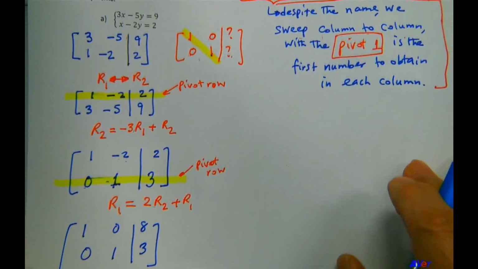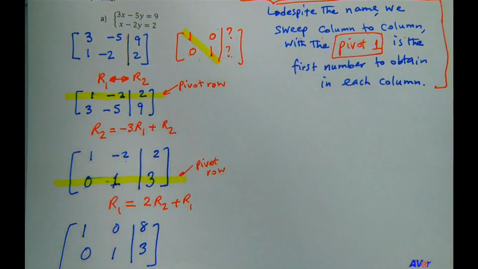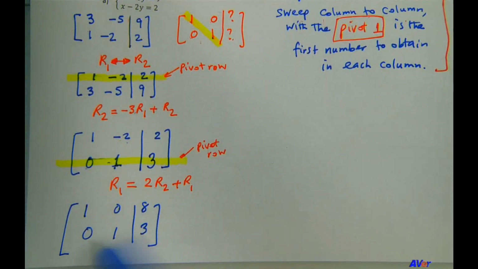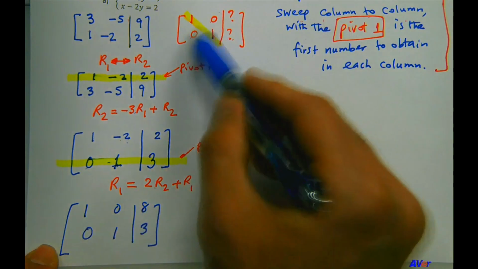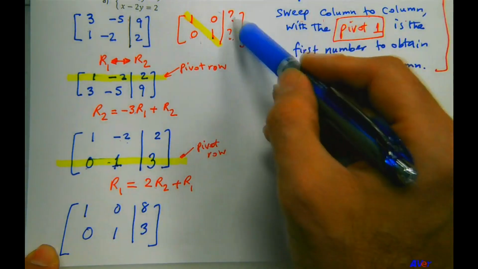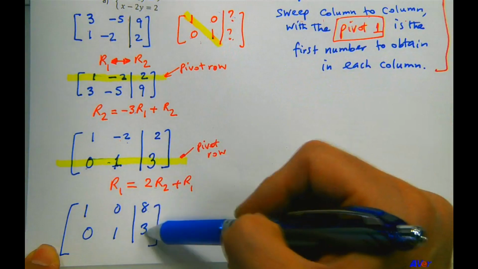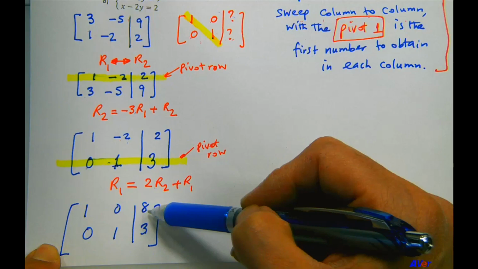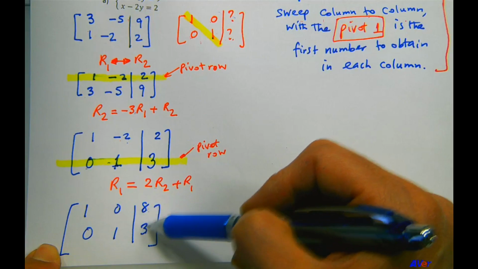Now let's compare this with that reduced row echelon form. Are we there yet? Are we done? We are done, because the left side looks like this left side, and the solution, those question marks that I put up here, are now 8 and 3. So the solution of this system is x comma y.